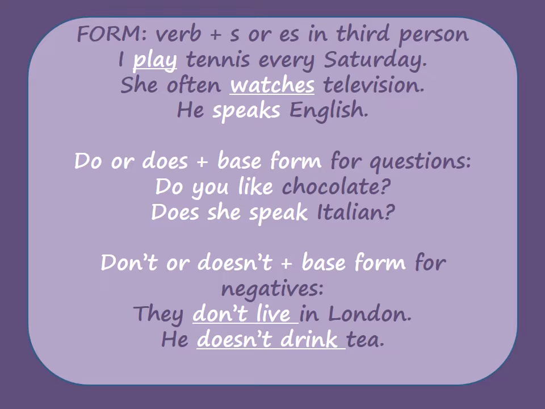I put the verb play as it is without adding s or es because I have the subject I. I put s or es when I have the subject he or she or it. She often watches television. I add es here because I have she. He speaks English. So I add s here because I have he.